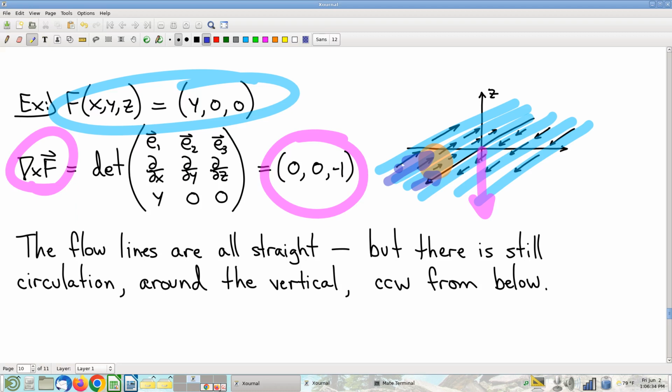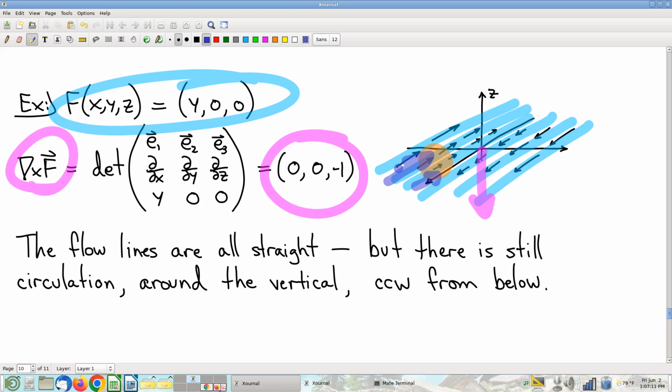A big takeaway is, by the way, going to show up on a homework exercise. I can't remember when exactly, but at some point there's going to be a homework exercise where there's a vector field like this, where the flow lines are all straight lines. You're going to need to figure out how to reconcile the fact that there is a non-zero curl with the fact that the flow lines are all straight lines.